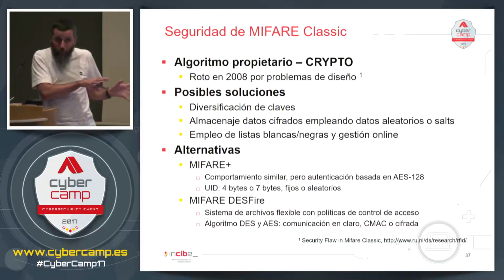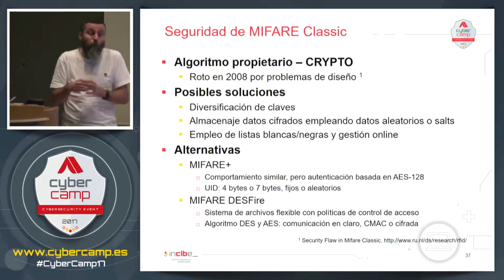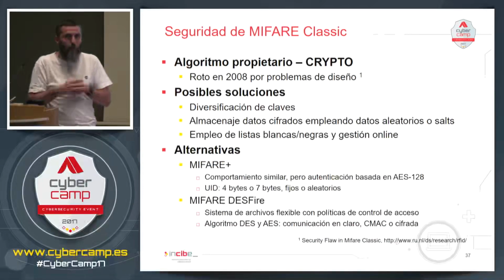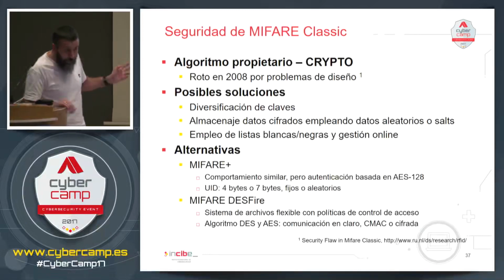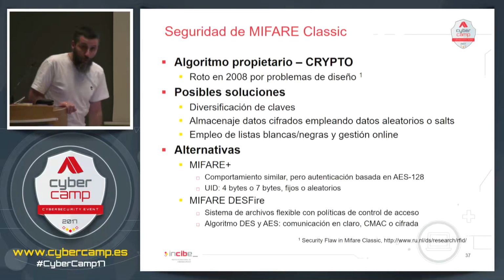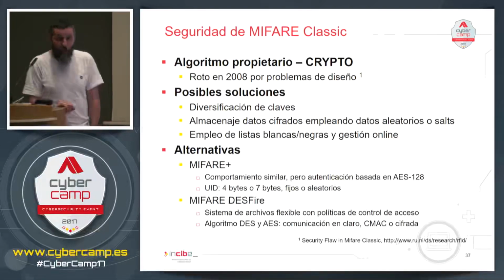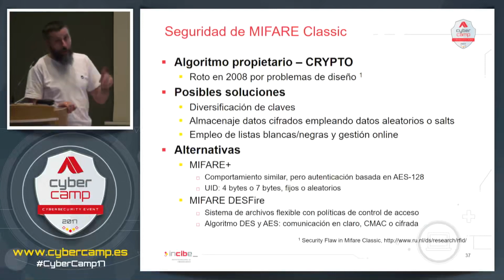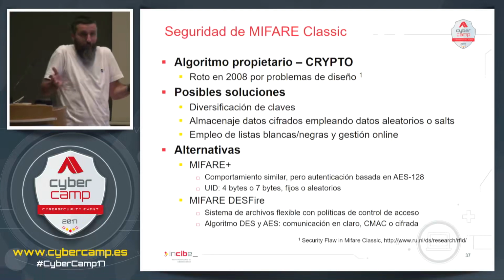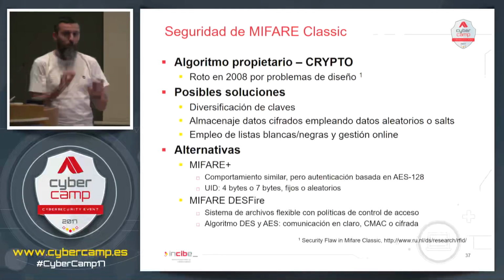There are different alternatives, so that even if the way we authenticate with a card is broken, I can still do it. In any case, NXP said that instead of using the non-standard procedure, which is crypto, I'm going to use more standard ones. So they issued some new cards called MIFARE Plus, which is the same as MIFARE Classic, but instead of using crypto, they use AES 128.